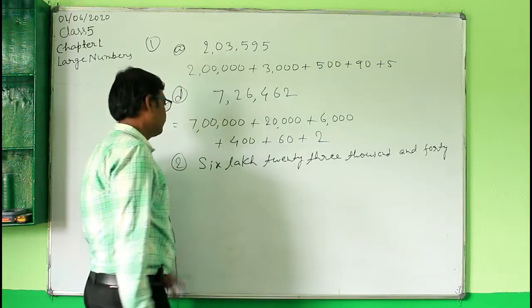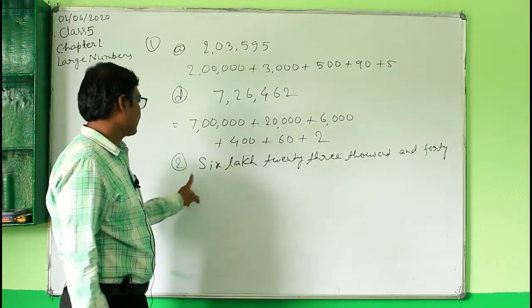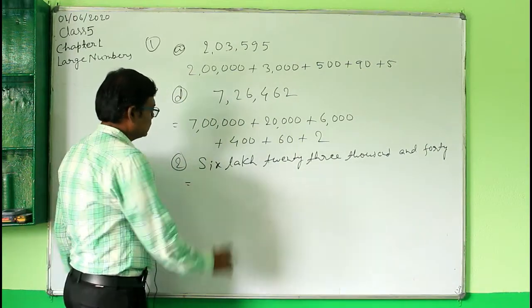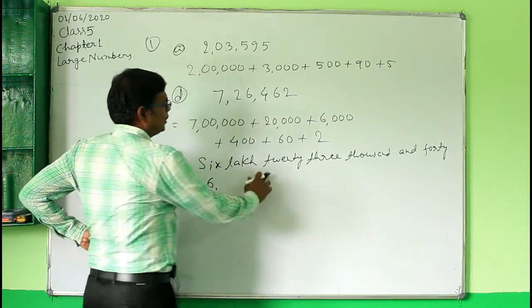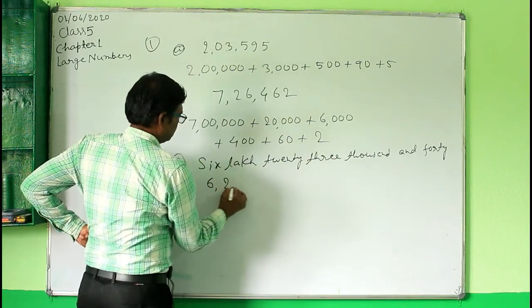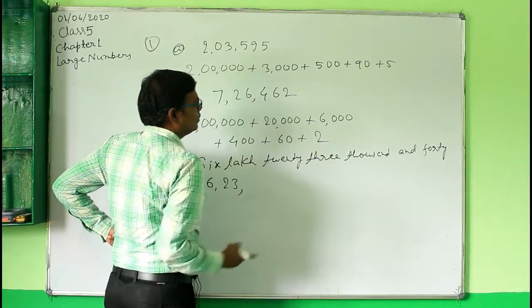Okay, so we have to write it in the standard form. So what is the standard form in this case? 6 lakh. So first it will be 6 and a comma here, then 23,000, and then 40 here.